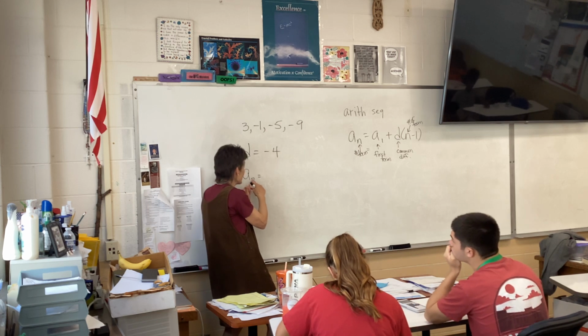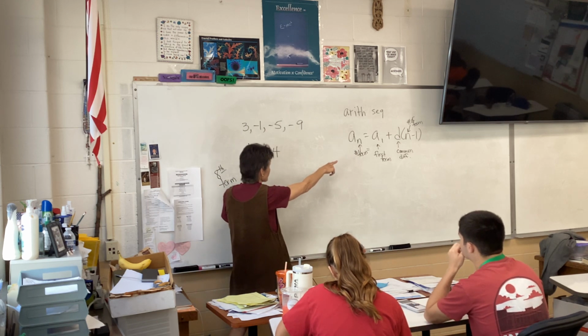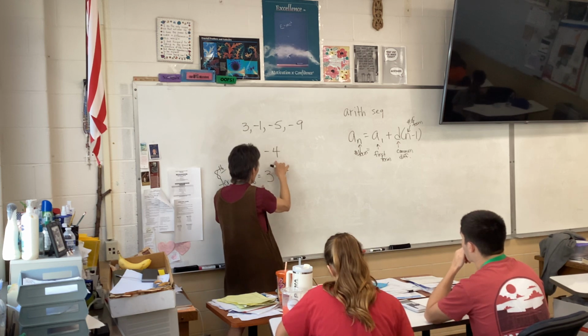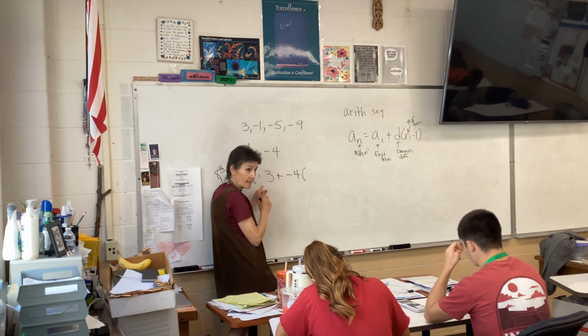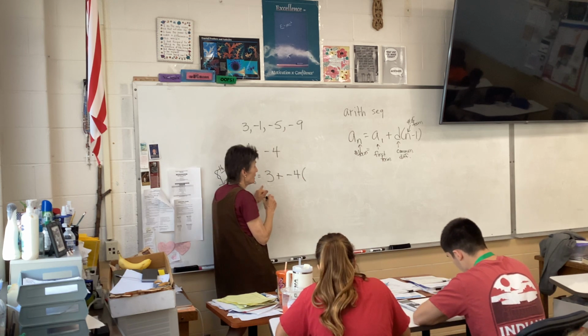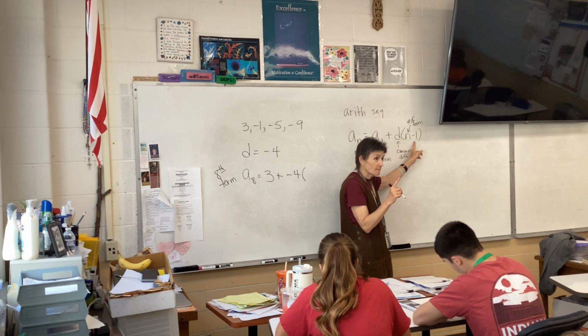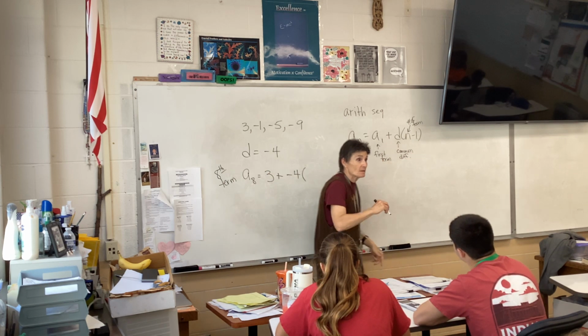Okay? So A sub 8 is going to be our first term, which is 3, plus our common difference, which is -4, times N minus 1, but what's N? 8, so that's going to be 7.